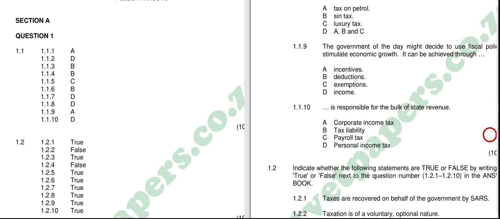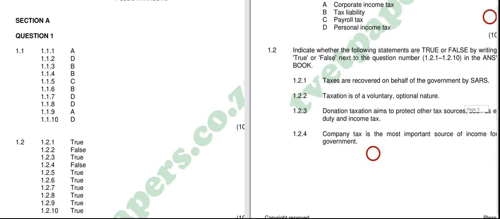Then we go to 1.2, indicate whether the following statements are true or false by writing true or false next to the question number. Of course, 1.2.1, taxes are recovered on behalf of the government by SARS. We have that statement is true. 1.2.2, taxation is of a voluntary or optional nature, which is false. Then we go to 3, donation taxation aims to protect other tax sources.